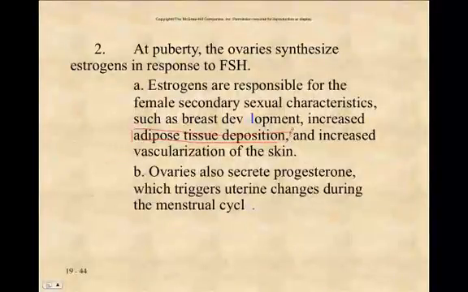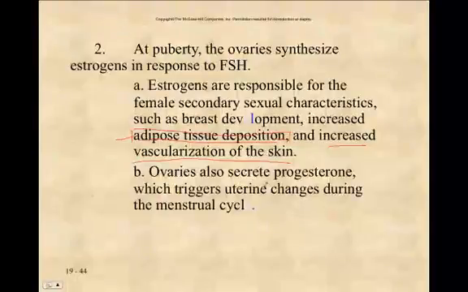So as a female undergoes puberty, and her eggs are developing to a point that they can be fertilized, the female body will prepare for the burden of bearing a child by producing this excess adipose tissue. And then there's increased vascularization of the skin, again in preparation for pregnancy, really.